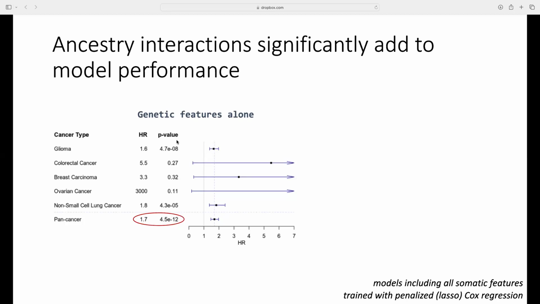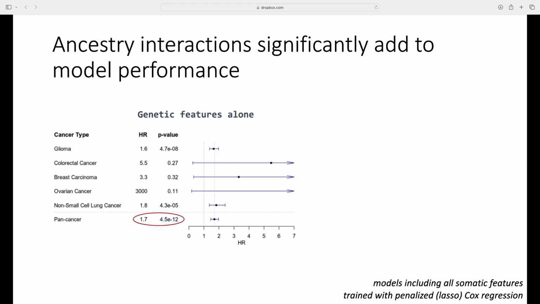So across the cancer types in a meta-analysis, we see that a genetic predictor built out of all somatic mutations in this penalized way yields a hazard ratio of about 1.7. That's highly statistically significant. And that at least seems to trend in the same direction across all of the individual cancers as well.